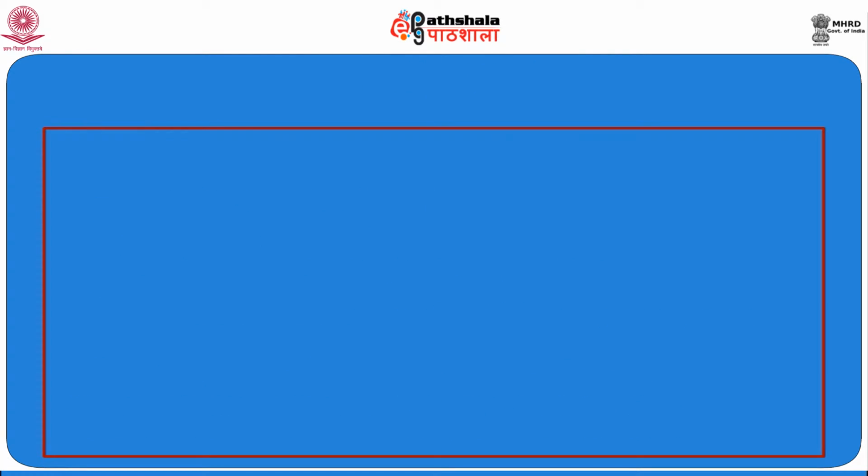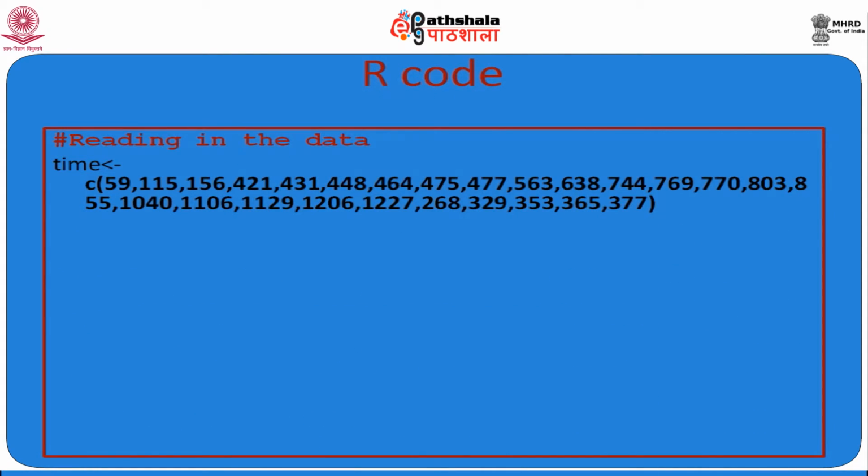Now come to the illustration, the R code. Here we are reading the data. Here we have a few patients' data, and the first patient's follow-up time is 59, 115 for the second patient, and like that all patients' follow-up times are detailed.